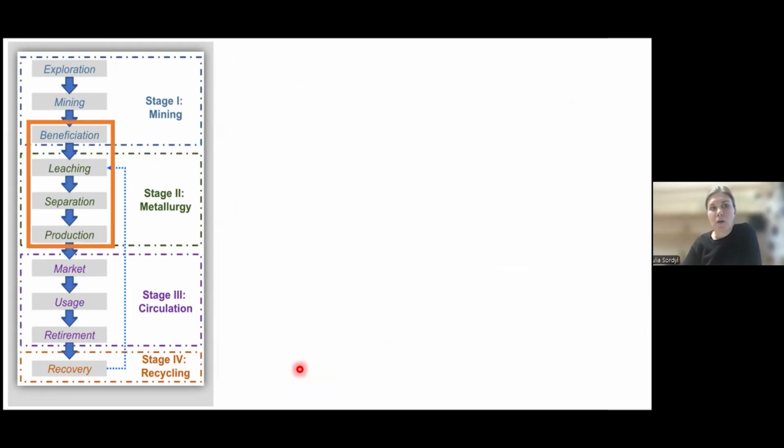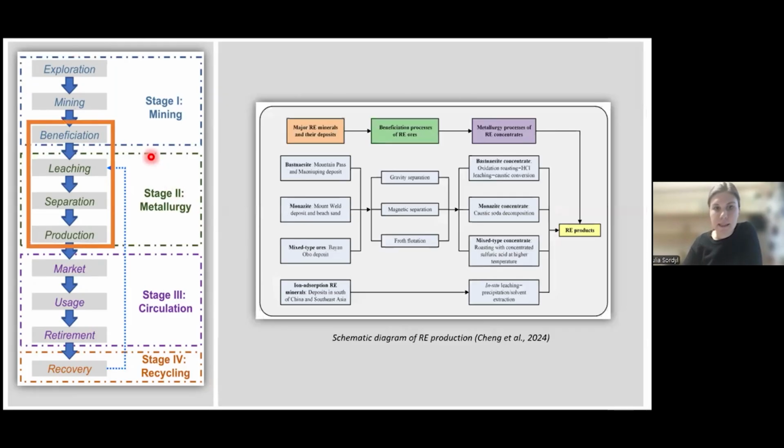When we go to beneficiation and metallurgy, sometimes we see graphs like this that simply say that we take out the rock, we beneficiate, meaning we concentrate the minerals of interest via some method, and then we do some metallurgical process specific to a given concentrate, and here we are, we have a RE product, right?